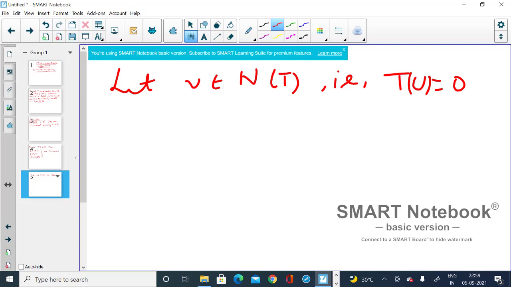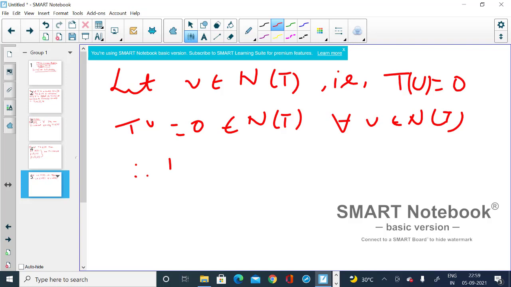That is obvious because T of v equals 0, and 0 belongs to the kernel of any operator. This holds for all v in the null space, so obviously the null space of T is T-invariant. Similarly, you can prove that the range space and eigenspaces are T-invariant. This is homework. You can prove it.